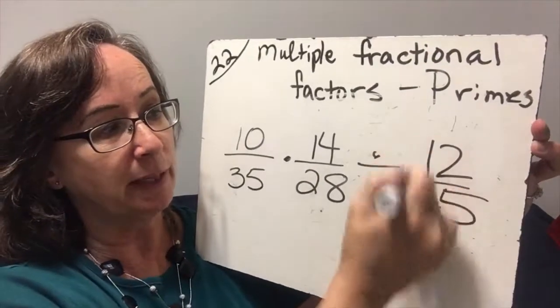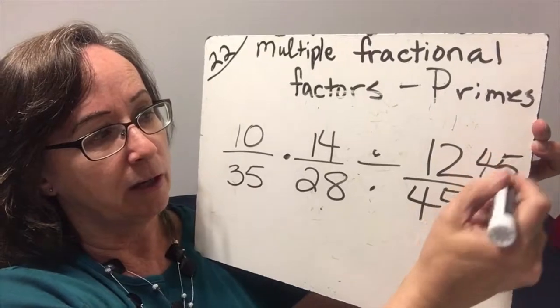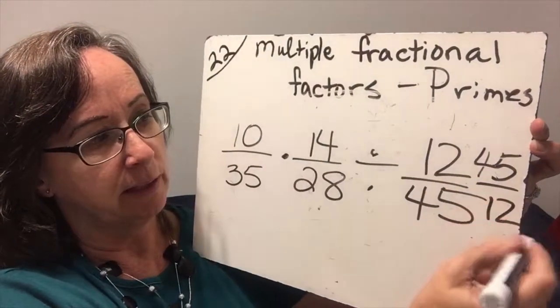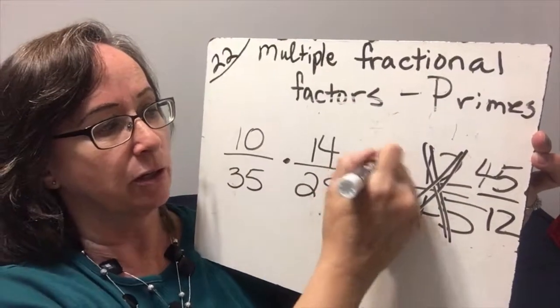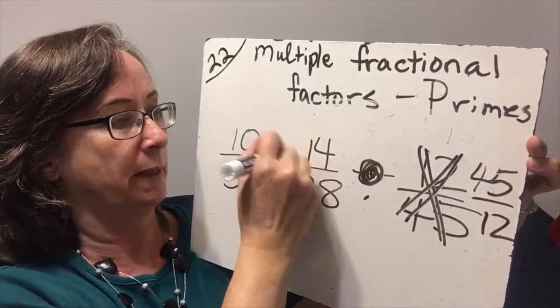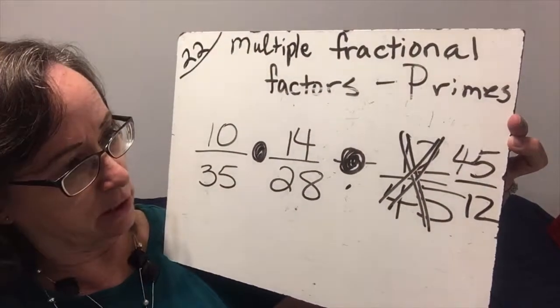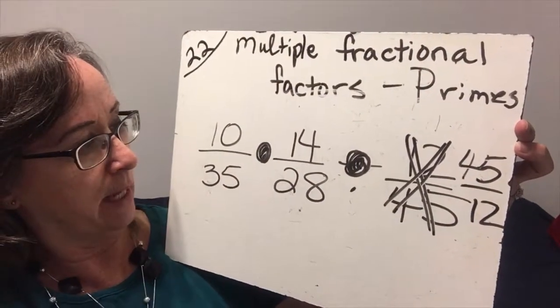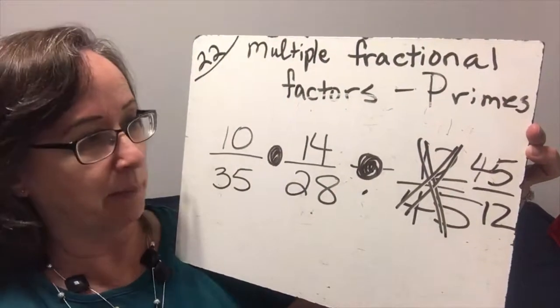So we're going to flip the fraction and make that a 45 over 12. And we can cross that out, or we could erase it, turn this into multiplication. Okay? So now we have everything multiplication, so we can cancel as we go. Now, what do you see that's going to make this an easy problem?